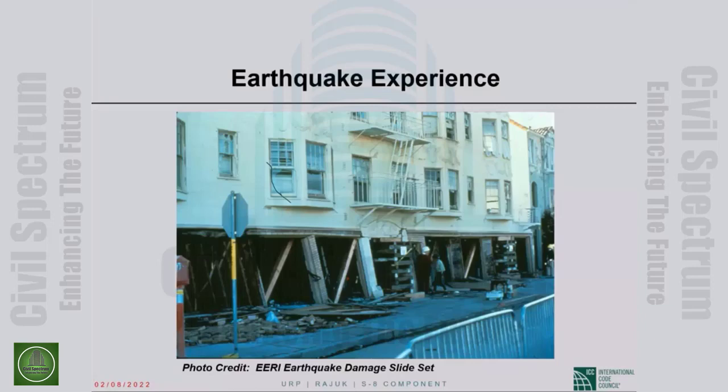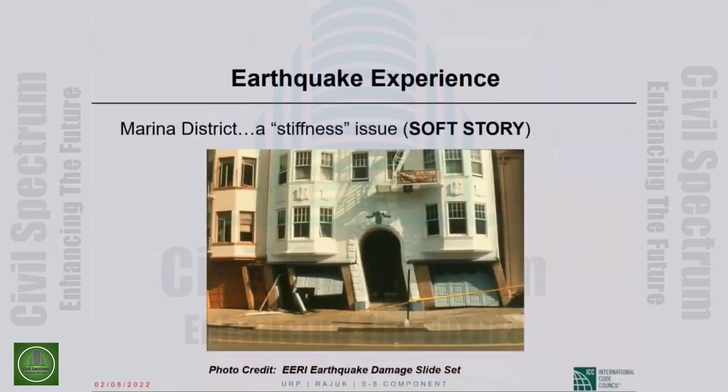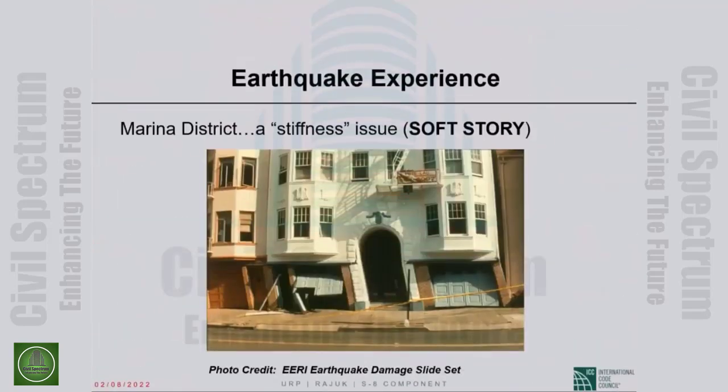So the irregularity was the problem. You see a closer up view of one of the buildings. You see what has happened, and you see the garage door. And anyway, so I think the titles say Marina District, a stiffness issue, soft story.